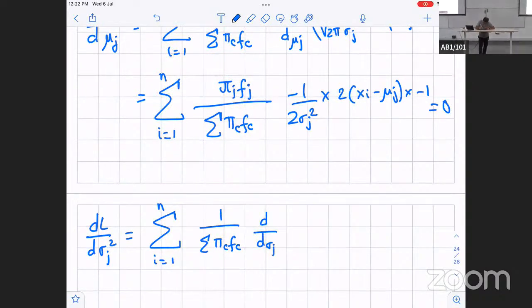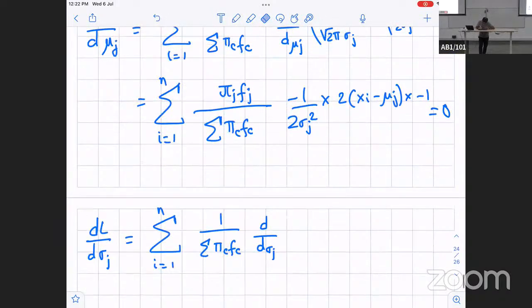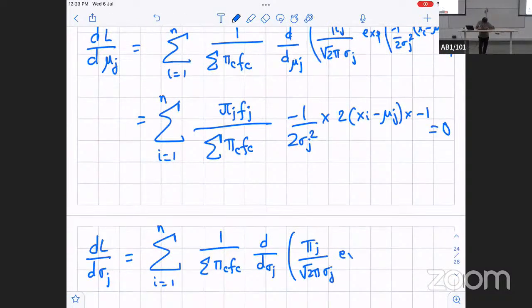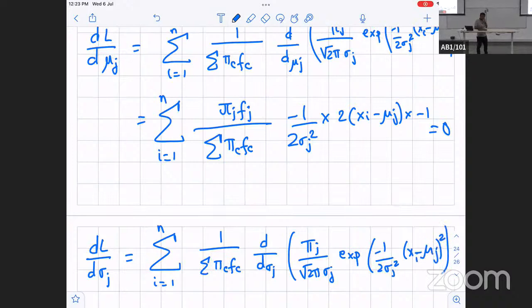Let me not write sigma j squared here. So what rule should I use here is the question. E power minus half... How do I take the derivative of this term with respect to sigma j?